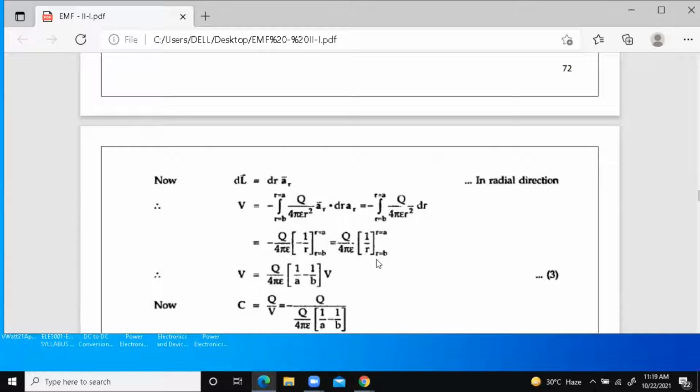Follow that? dl, which is the distance between A and B. Remember, both A and B are measured in the a_R direction.